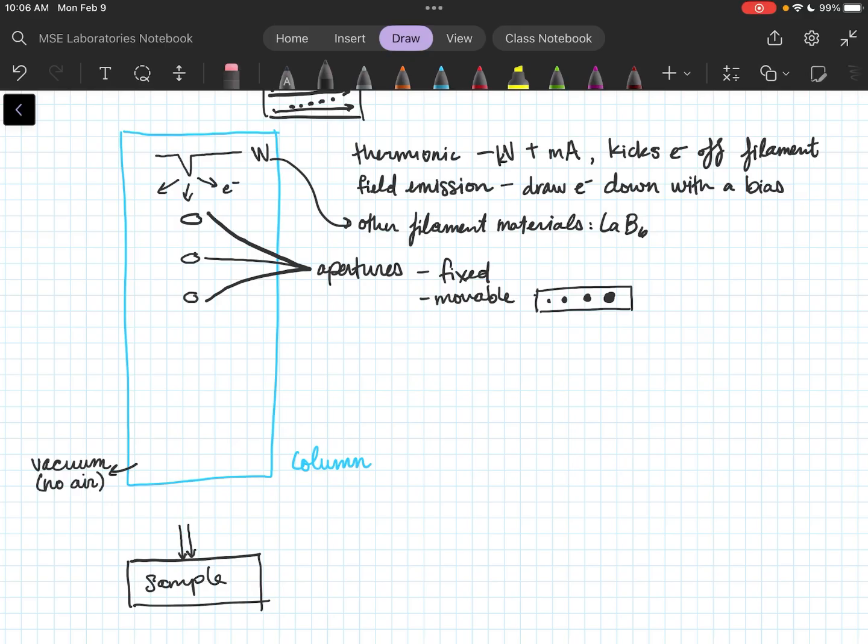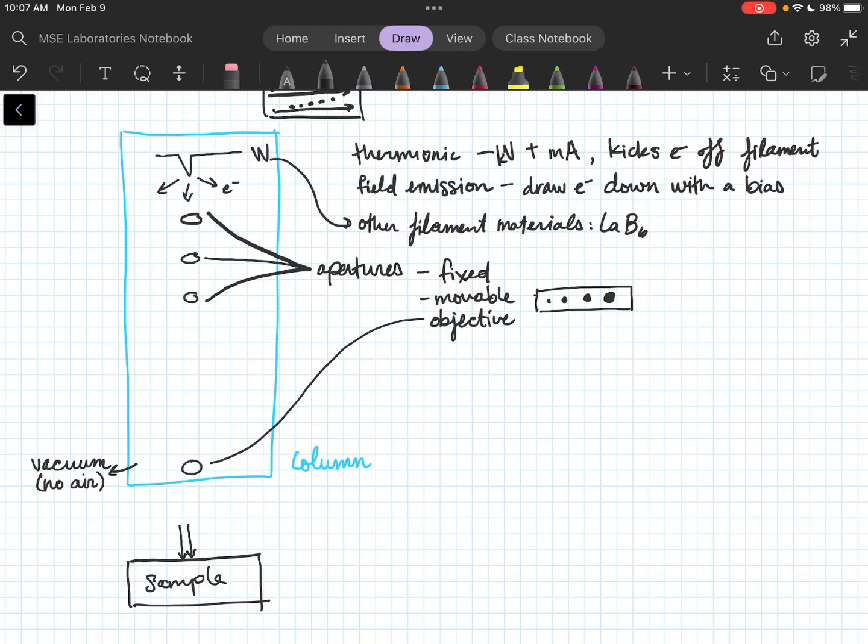Our very last aperture is usually right at the very bottom, no matter what other stuff is in the middle. It is called an objective aperture. Going back to photography, you have an objective lens.